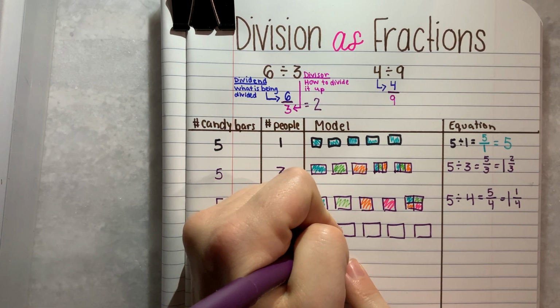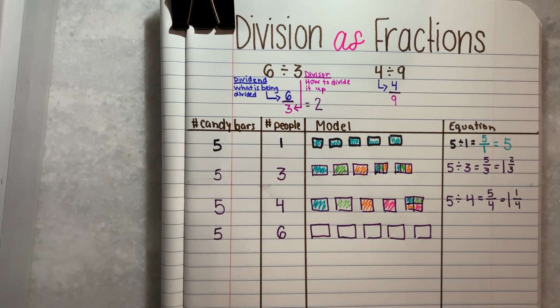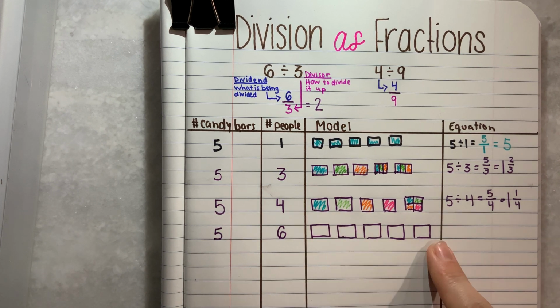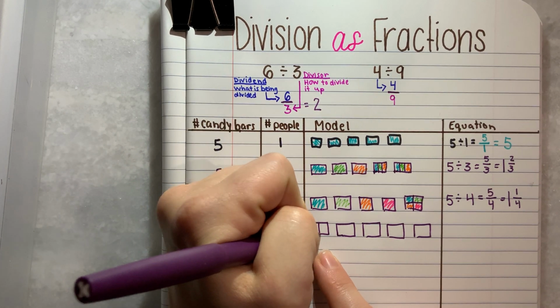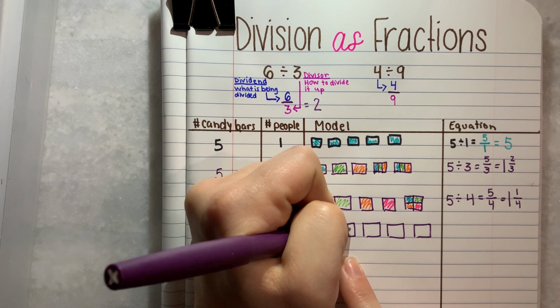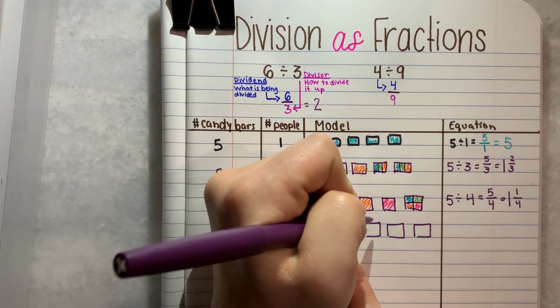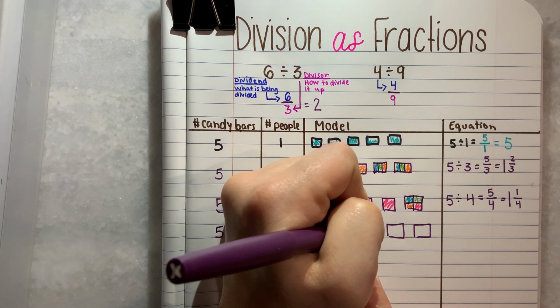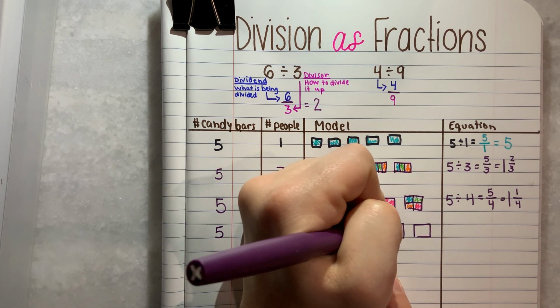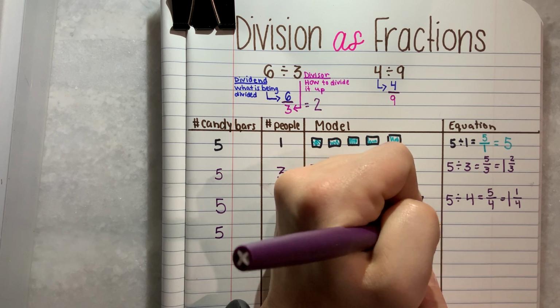So in order to find how much each person gets, I need to actually take each of my candy bars and break it apart into 6ths. So halves and then 6ths. And that way I can make sure I'm equally distributing each candy bar.